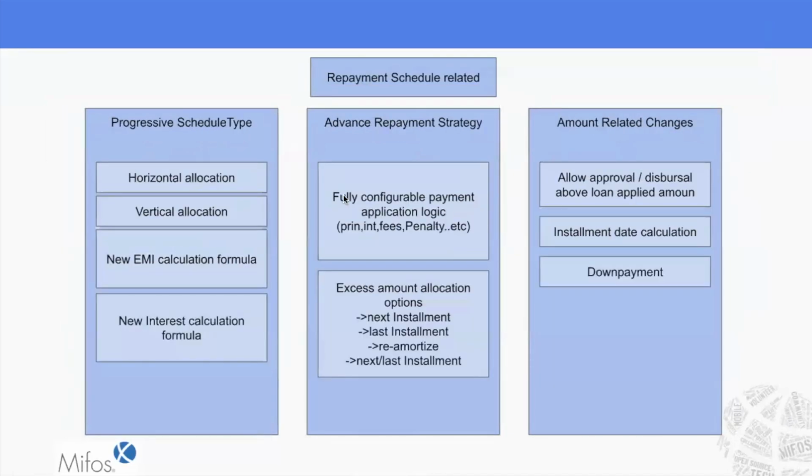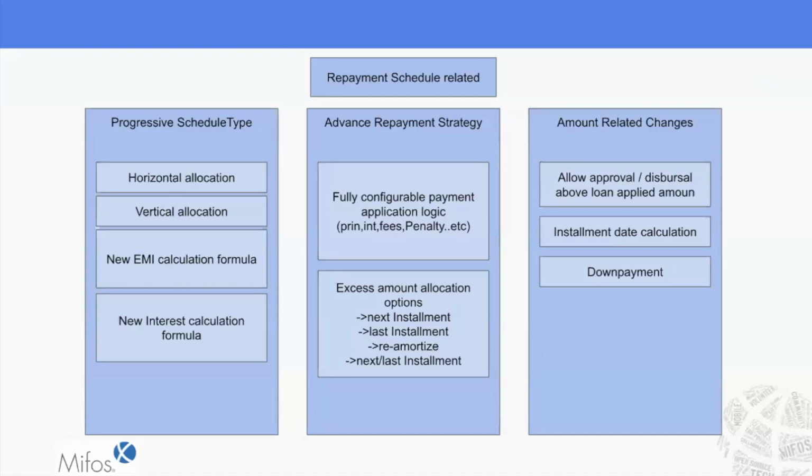Okay, so coming to progressive schedule type. As I said, our basic out-of-the-box schedule type is cumulative. We need to change it to the progressive schedule type. When we change to progressive, we plan to make it more flexible and fully configurable for the users.